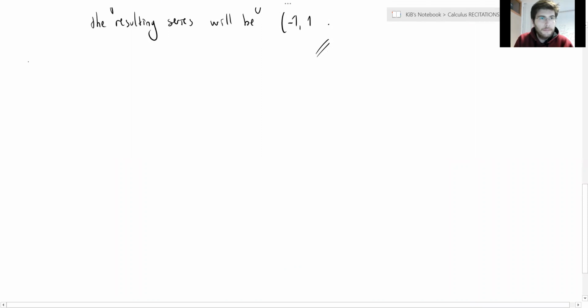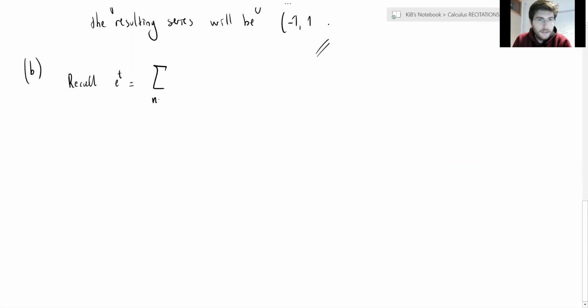For part B, we should recall that e to the t, which we actually discussed before, is exactly the sum from n equals 0 of t to the n over n factorial. This is true for all t.